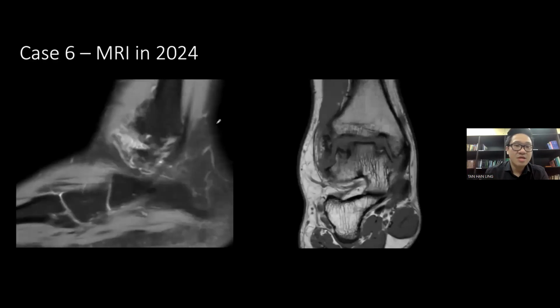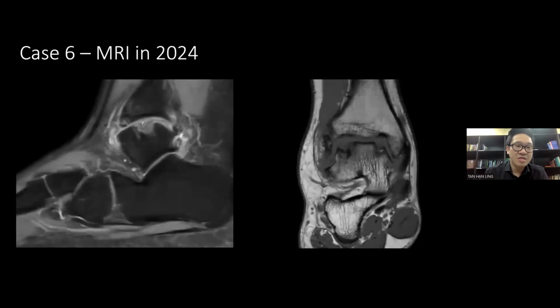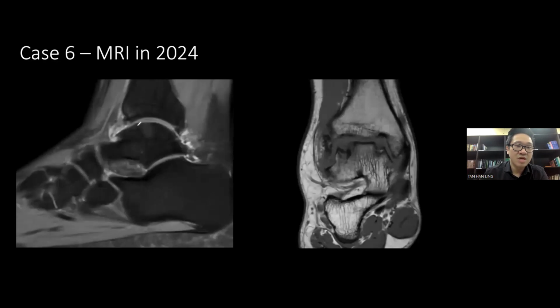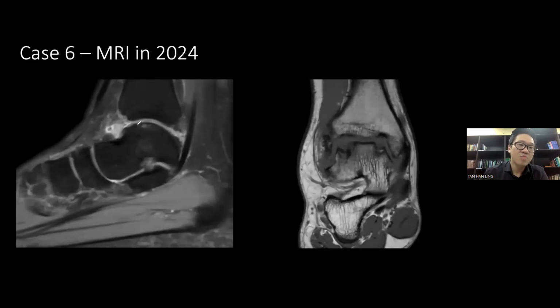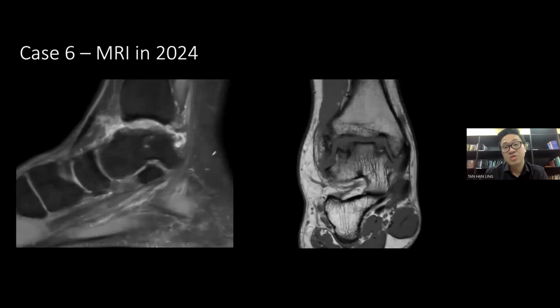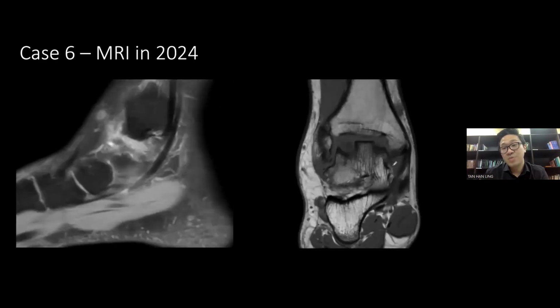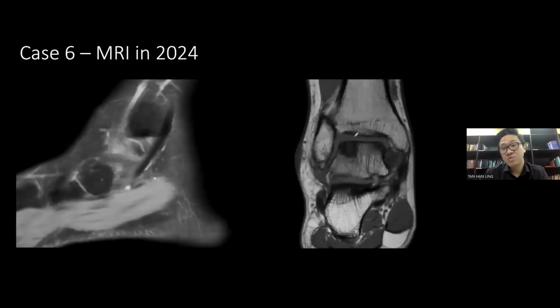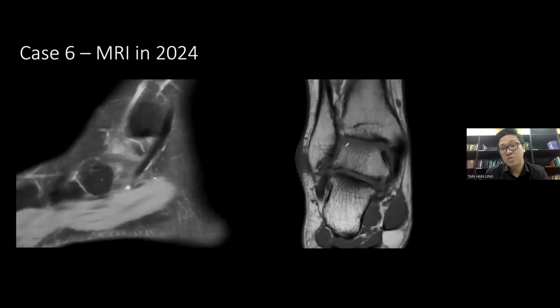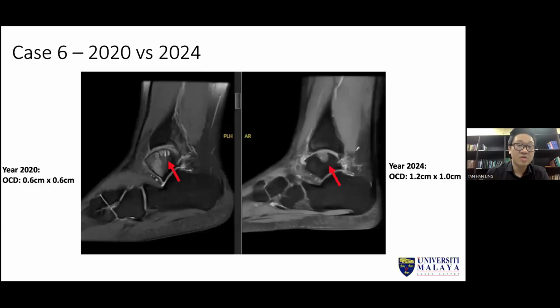This is the MRI of this ankle in 2024. Look at how the defect has become way bigger compared to the one in 2020. And on the coronal view, you can see the osteochondral defect that has gone into the talus is so big. In 2020, the osteochondral lesion was measured at roughly 0.6 by 0.6 centimeters.